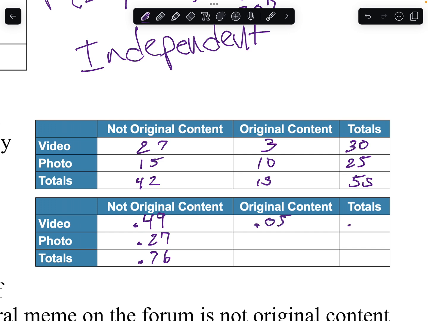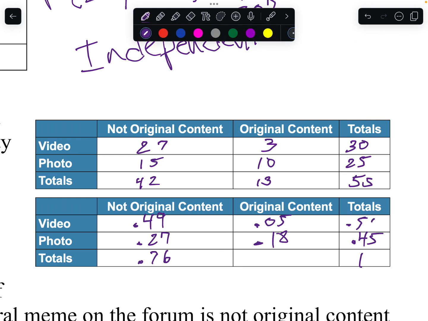So then I'll get 0.54. 10 divided by 55 is 0.18. So if I add 27 and 18, I'll get 0.45. Should be 0.46, I guess. But I'll put 0.45. Maybe it's 0.55. Yeah, it was 0.55. Sorry about that. Didn't look at my thousandth place. And I'll get 0.23 here.